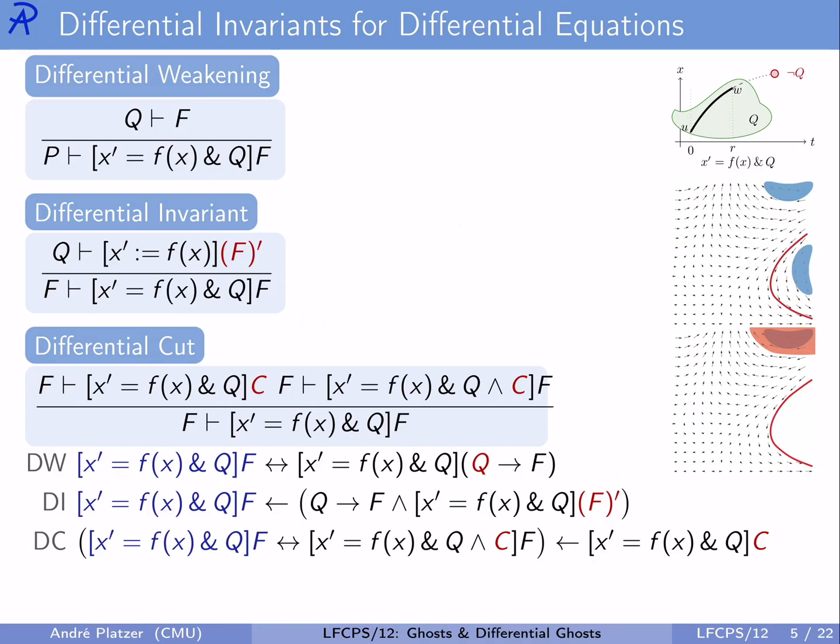What we have seen is the differential weakening proof rule. That is a very simple one that proves a post-condition of a differential equation system limited to an evolution domain constraint Q in case we can establish the post-condition F just from using simply the evolution domain constraint.